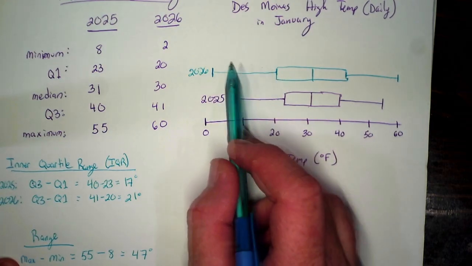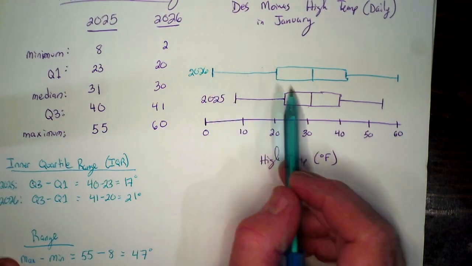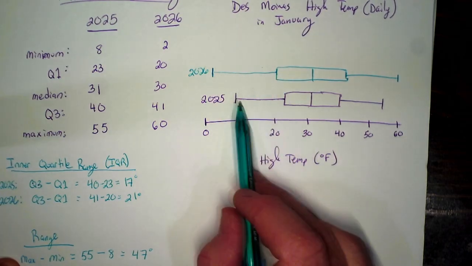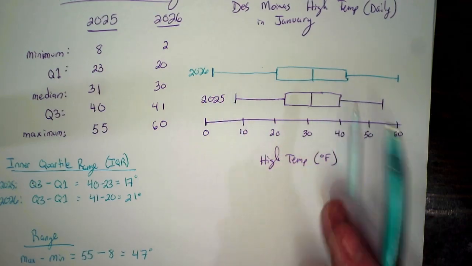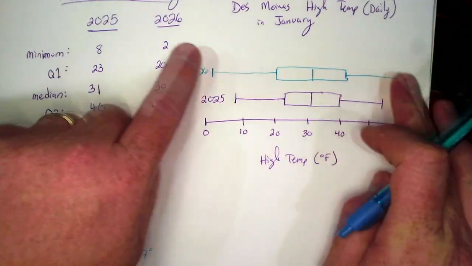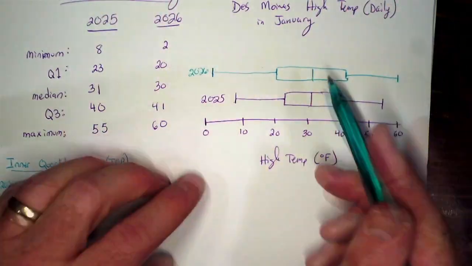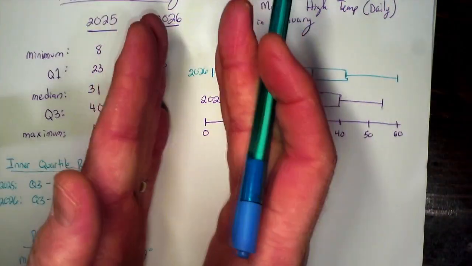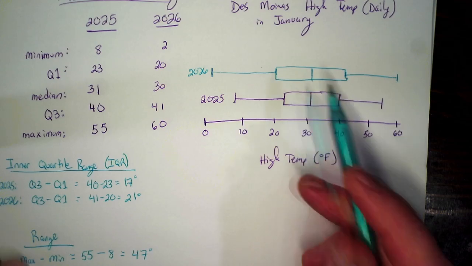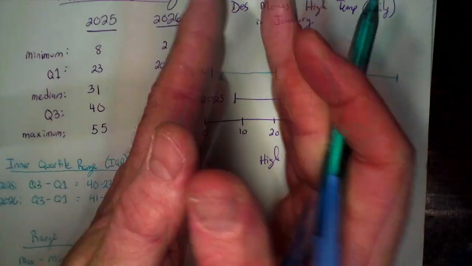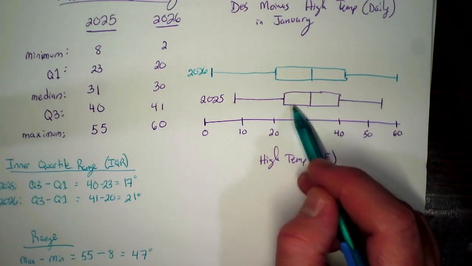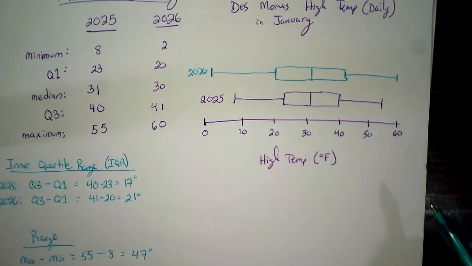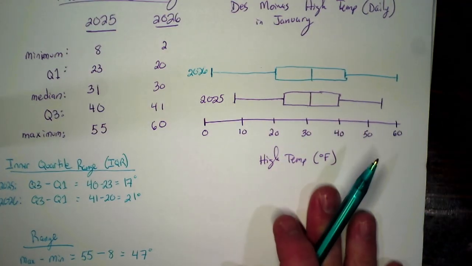Well, there seemed to be more variety in 2026, but it was still fairly spread out in 2025. These are two pretty evenly spread out box and whisker plots. Sometimes you'll see one part of the box that's really close together, and that means that 25% of the data was really all tightly packed, but it was still an equal amount of days to the rest of the sections. So anyway, that's a box and whisker plot.